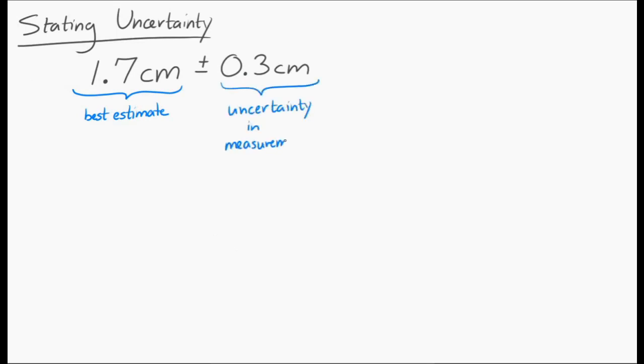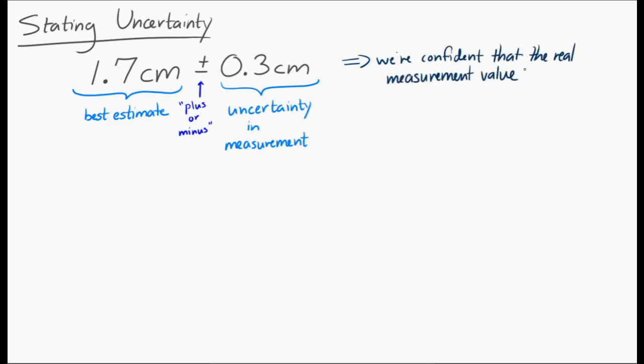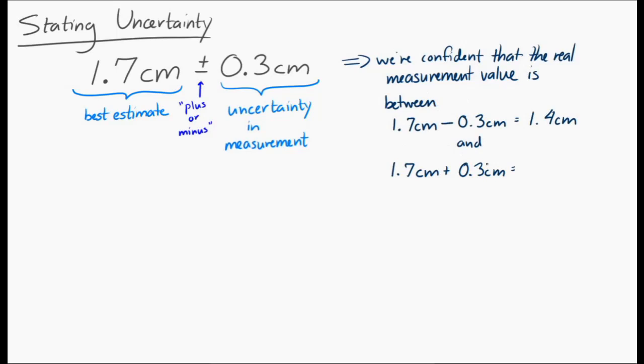Notice that it says plus or minus 0.3 centimeters. What that's telling us is that we're confident that the real measurement, the true value of whatever we're measuring, is between 1.7 centimeters minus 0.3, or 1.4 centimeters, and 1.7 centimeters plus 0.3 centimeters, or 2.1 centimeters. The true value lies somewhere in that range.